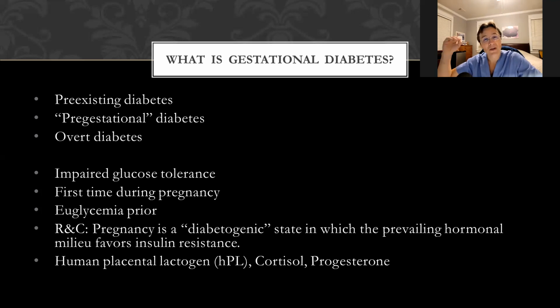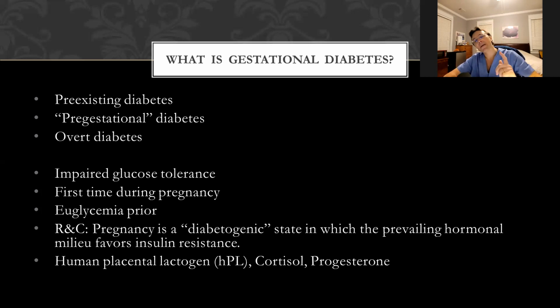Because everything is good in moderation, almost everything, and in our case, hyperglycemia, high sugars, are good in moderation. But if it's going above, then we're having a problem, right? So that's what we're talking about.